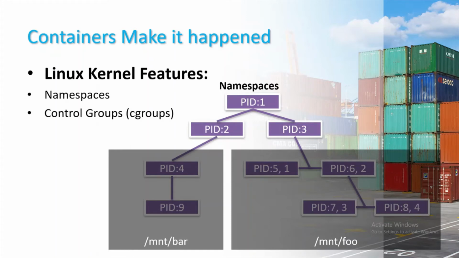So we are removing the conflicts, and in order to remove the conflicts, we need namespaces. Let's conclude the namespaces topic here. If you need to run containers on your machine, you need a Linux kernel feature plus namespaces. Namespaces give you the flexibility to remove the conflicts.